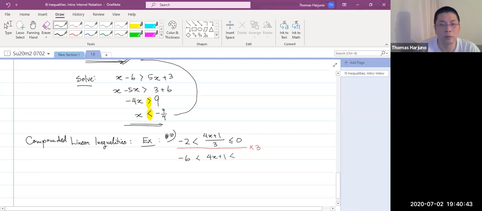So I don't need to reverse the inequality sign. And then I subtract 1, I get -7 less than 4x, less than or equal to 1. And then divide by +4, still safe, I don't need to reverse the inequality sign.